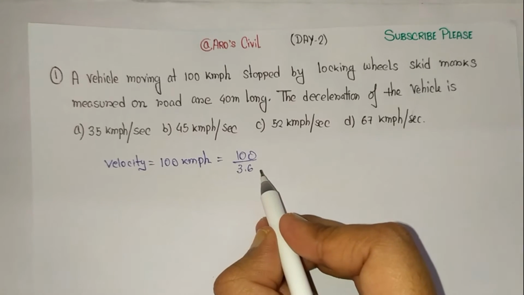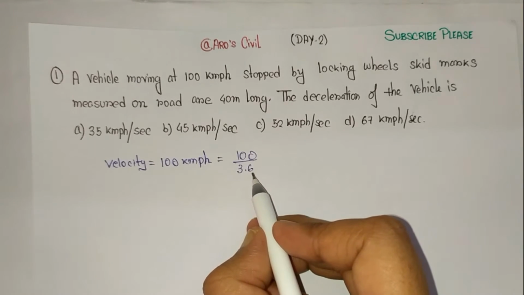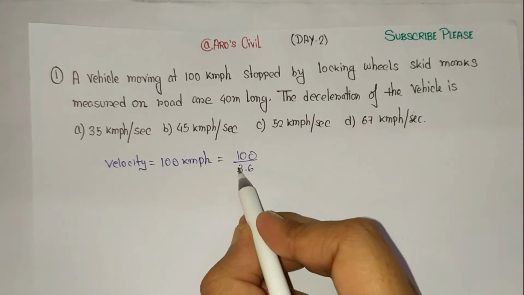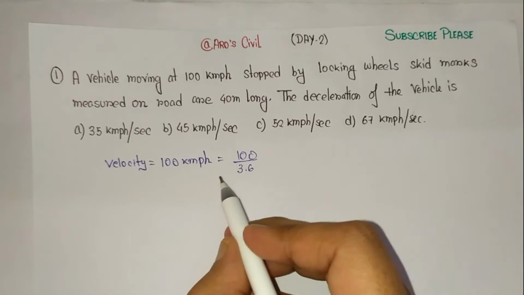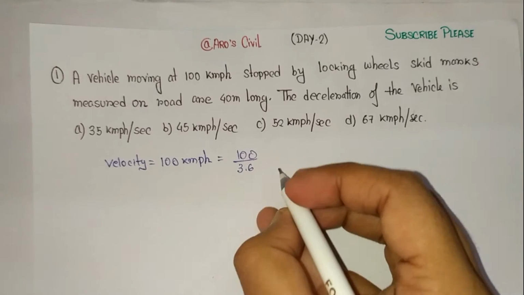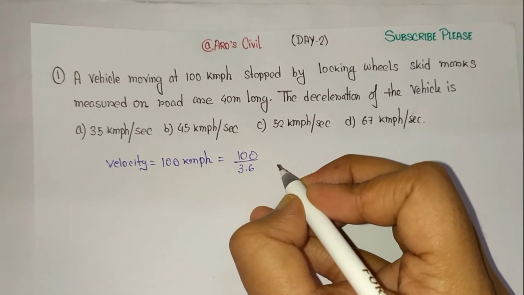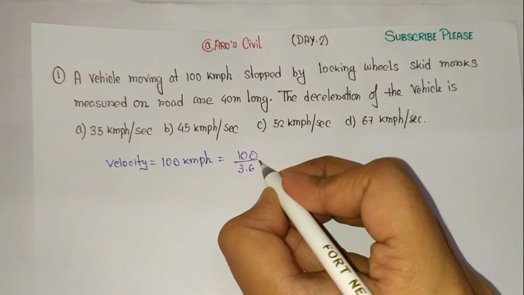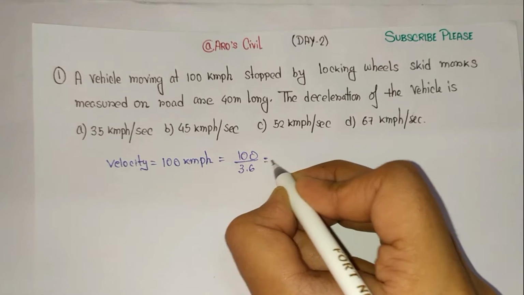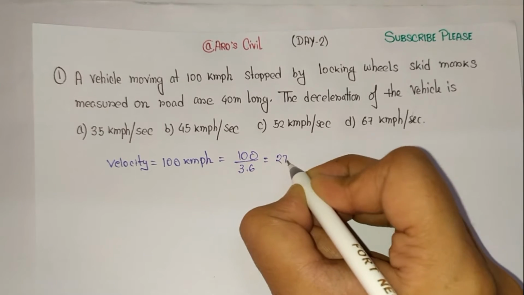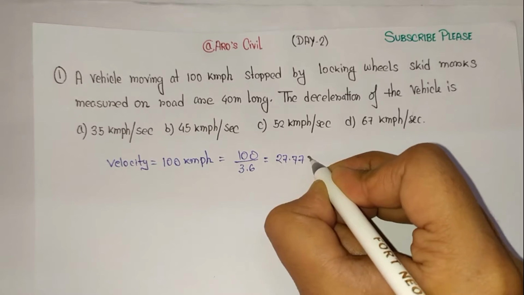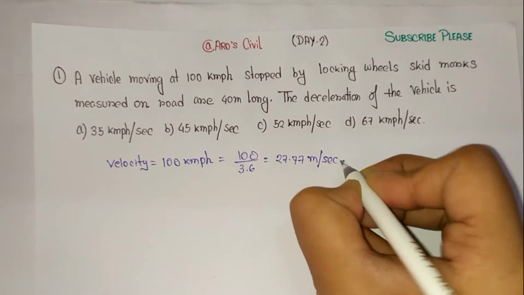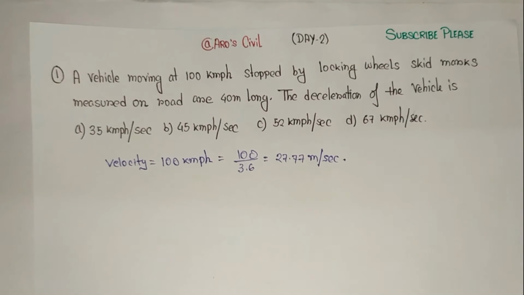If the velocity is given as meter per second, then multiply with 3.6, it will give the velocity in kilometer per hour. Now if we divide the velocity with 3.6, it is coming as 27.77 meter per second.